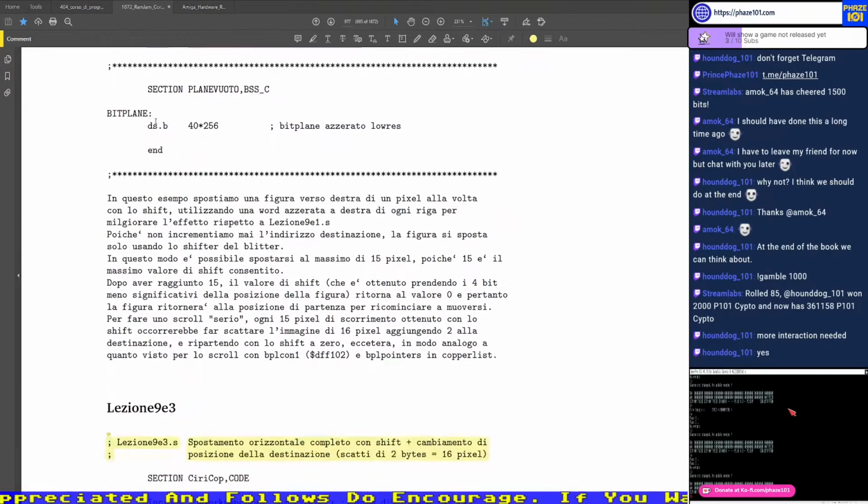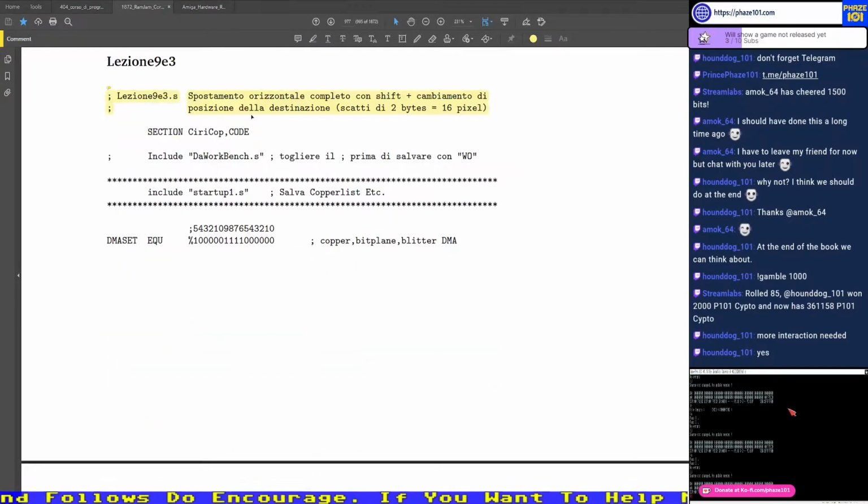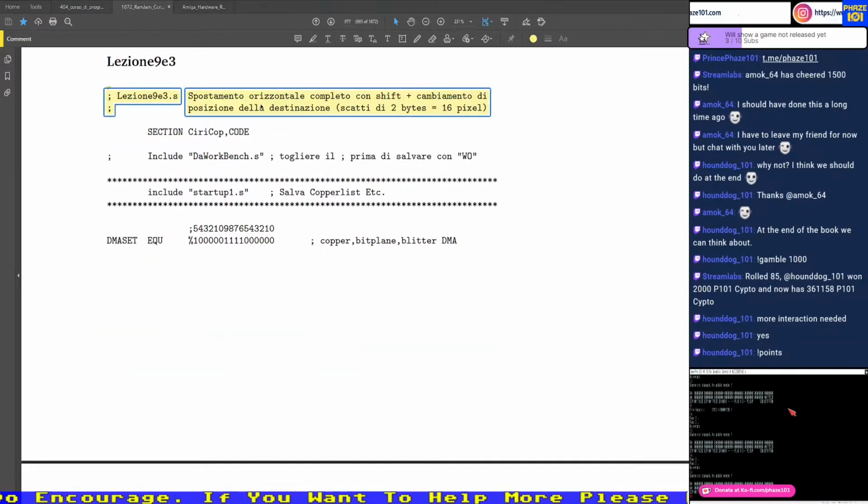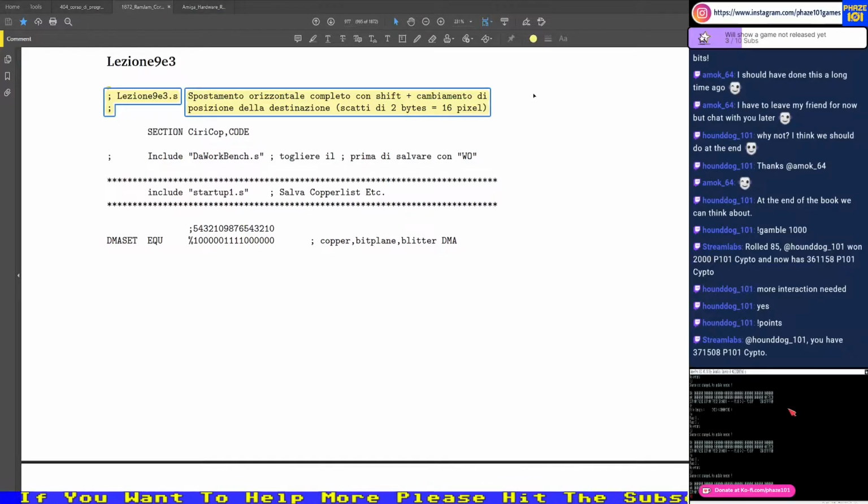There you go. So the code is saying we shift to the right, and once done, we shift next 2 bytes. So we shift one word.